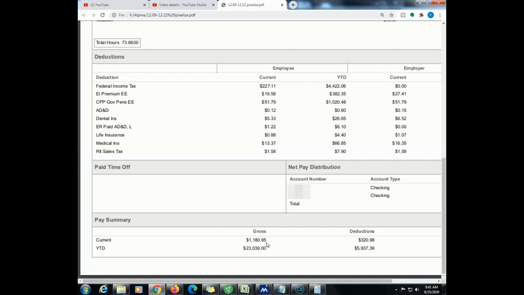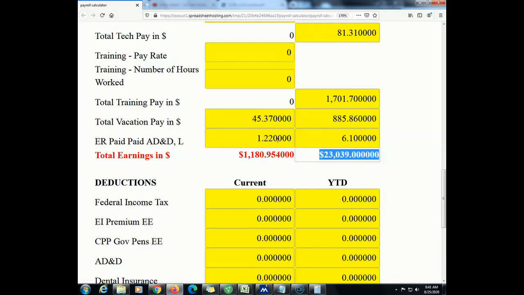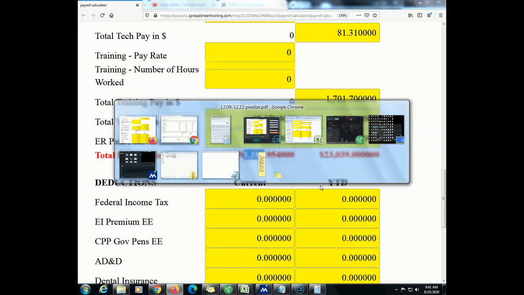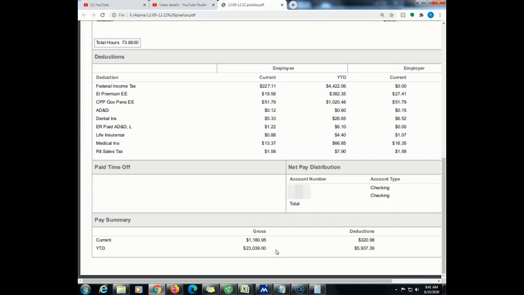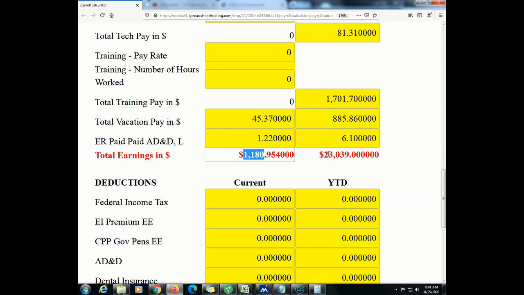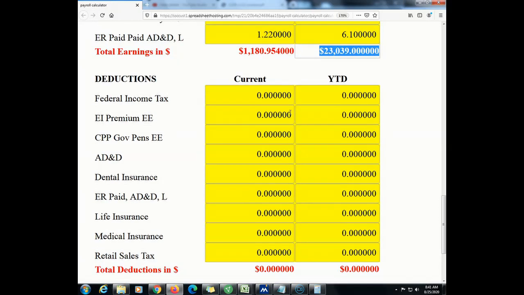Your current gross earnings comes about $1,180.95, and your year-to-date gross earnings comes about $23,039.